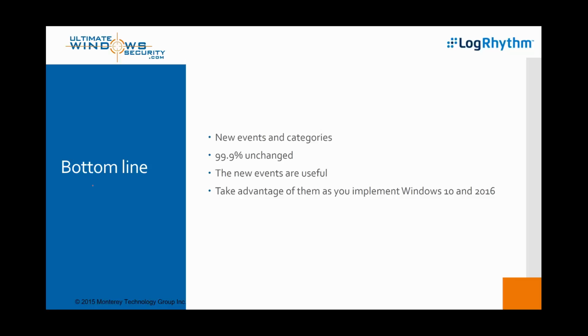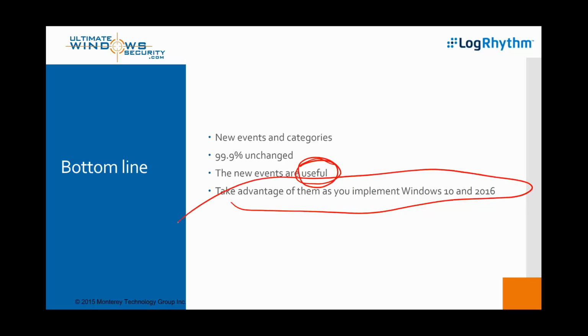That's all you need to do. It won't affect your pre-Windows 10, pre-Windows 2016 systems. So the security log is 99.9% unchanged, but these new events are super useful, and you'll want to take advantage of them when you implement Windows 10 and Windows 2016.